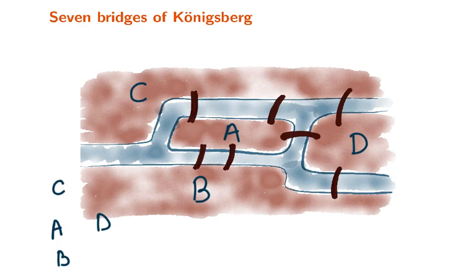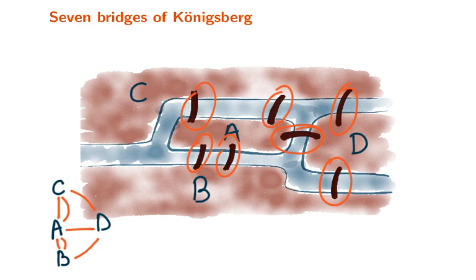For instance, between C and A we have a bridge, but actually we have 2 bridges, so I put 2 edges here. Between A and B there are also 2 bridges, so we're going to have 2 edges too. Between A and D there is 1 bridge, so I put an edge here. Between D and C there is another bridge, so I put an edge here. And between D and B there is also an edge.